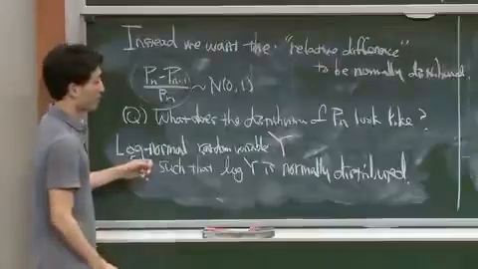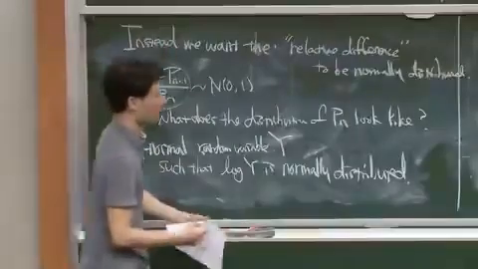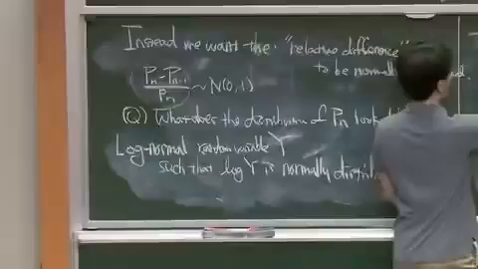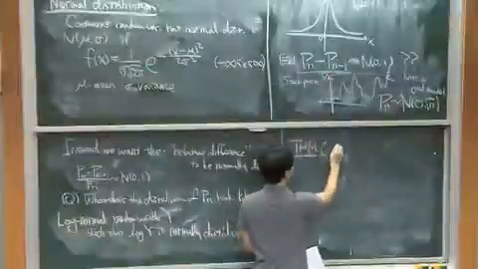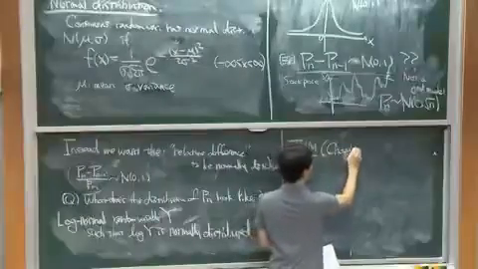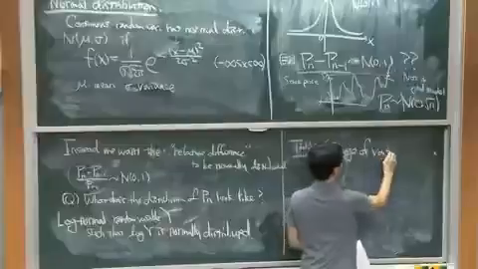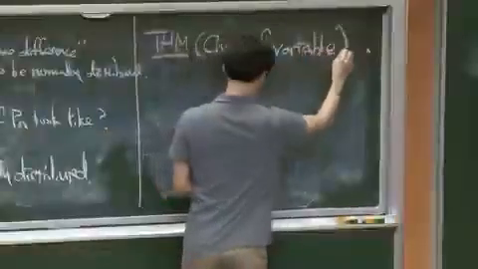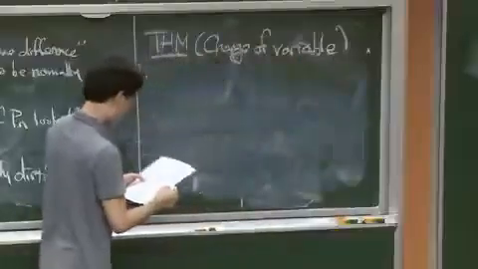So to derive the probability distribution of this from the normal distribution, we can use the change of variable formula, which says the following.